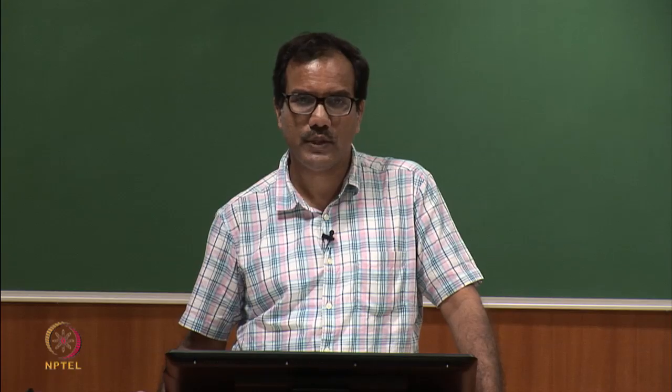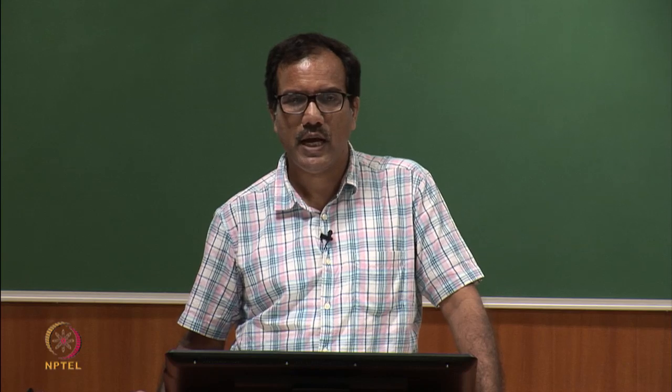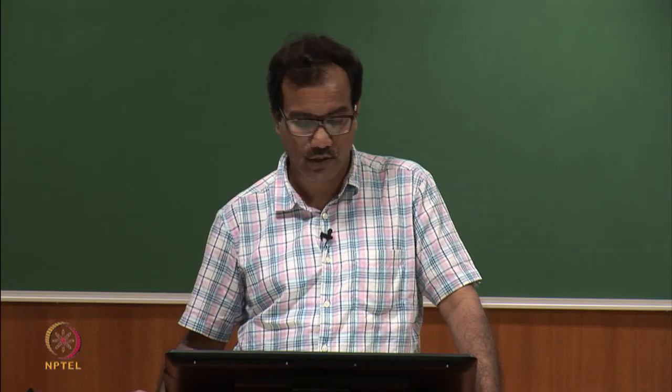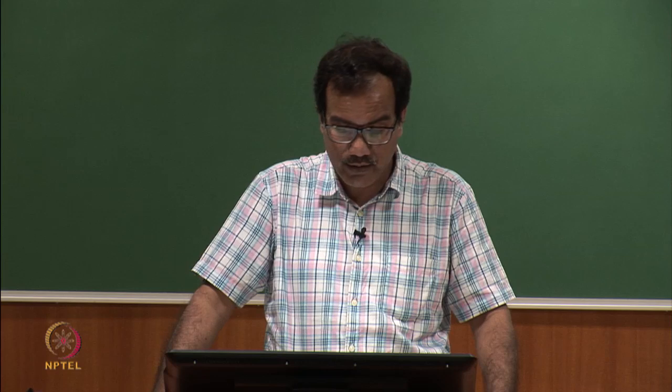Once you know that, you can know how many unsaturations there are, and that can give you an idea of the structure of the molecular species. Now, suppose a heteroatom is also present in the hydrocarbon. For example, in an alcohol oxygen is there, in an amine nitrogen is there.